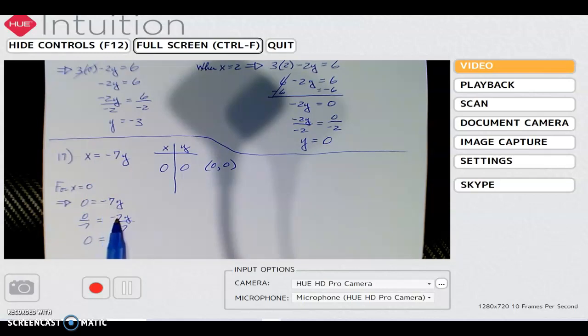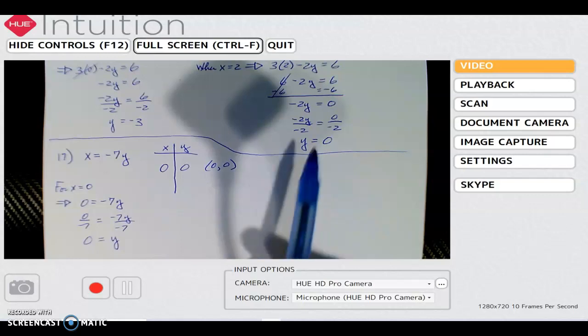So if I chose a number like 1 or 2 or 3, I'm going to get a fraction that's not really all desirable. So since x is given explicitly in terms of y, instead of choosing another x value, I could choose a y value.